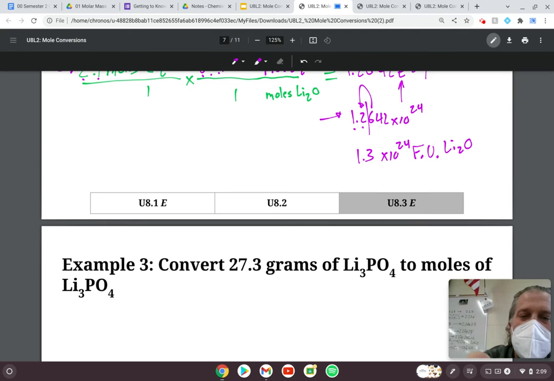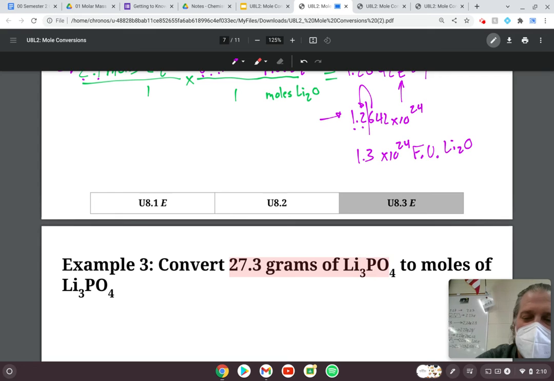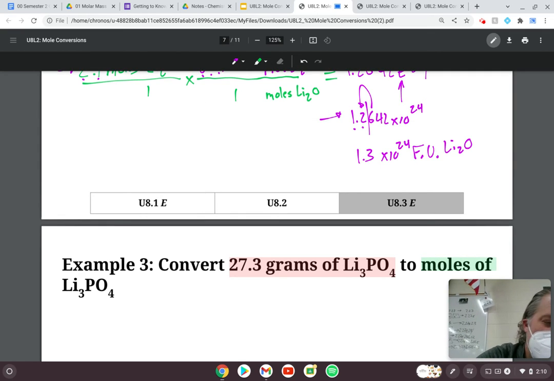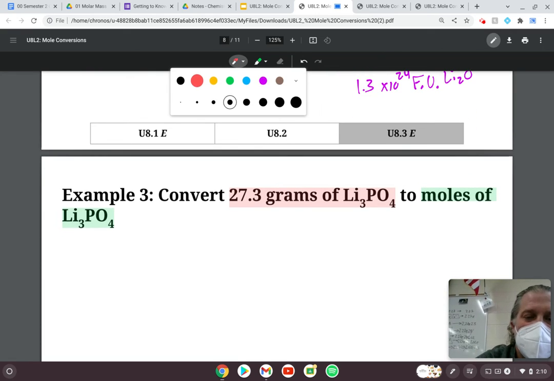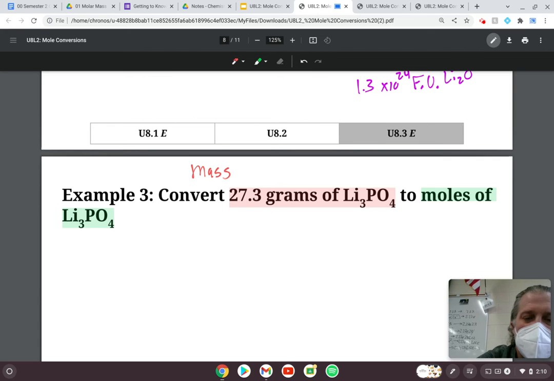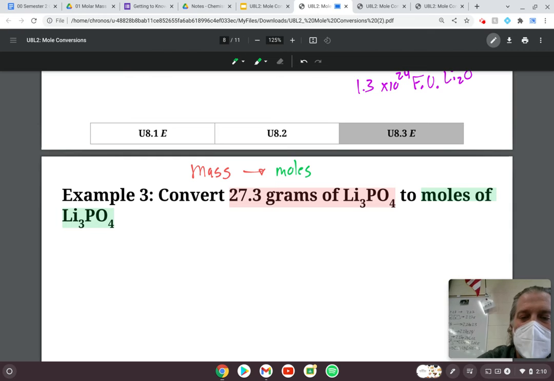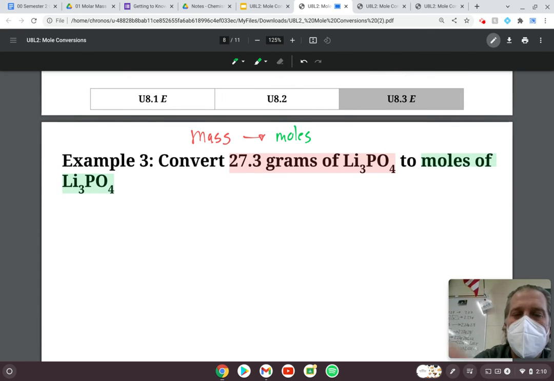So in the next problem, we are looking at 27.3 grams of Li3PO4, and we are converting it to moles of Li3PO4. So this one is going to go from mass to moles. And this time, it's just going to be one extra step, okay?